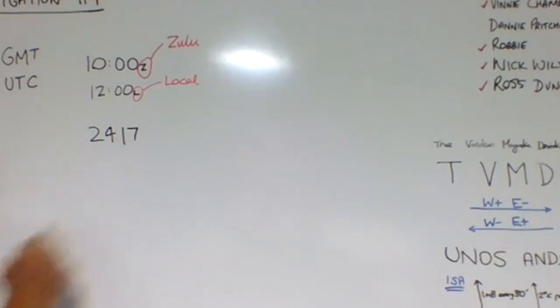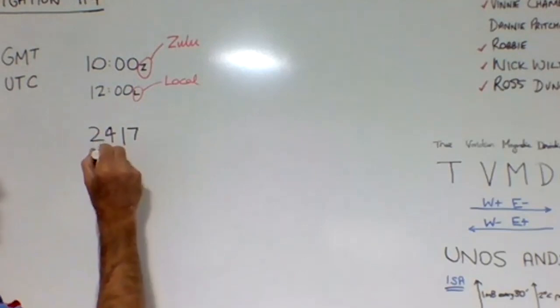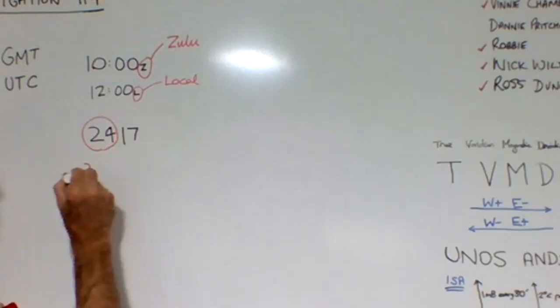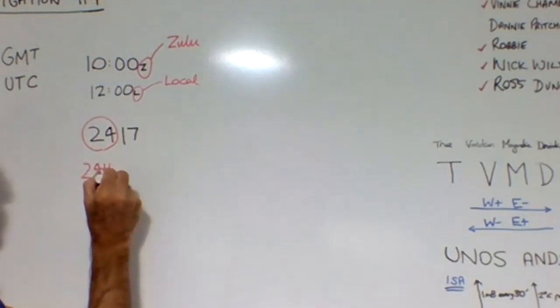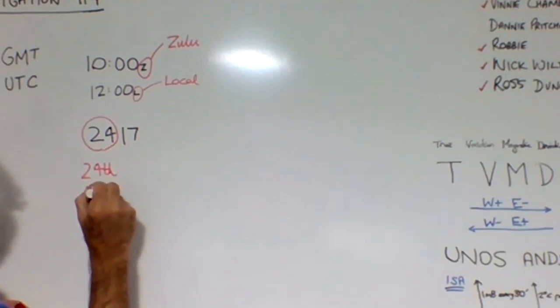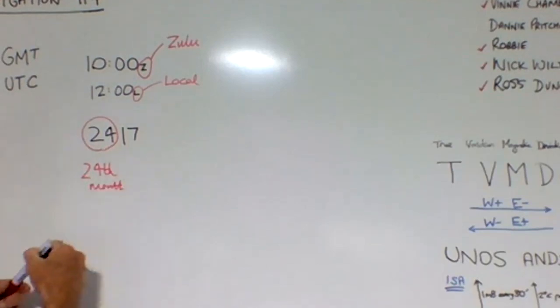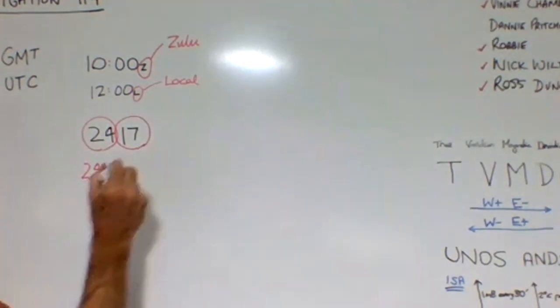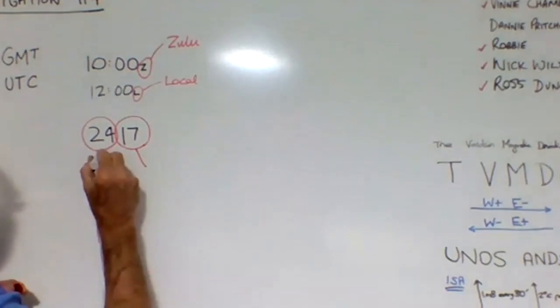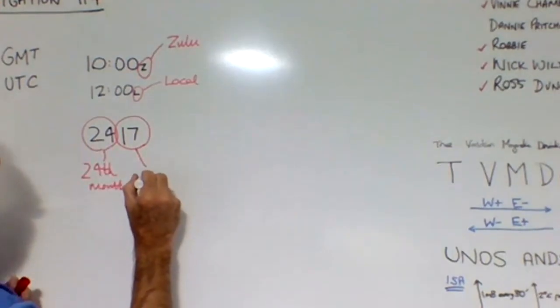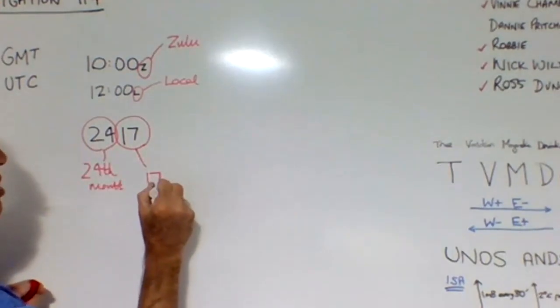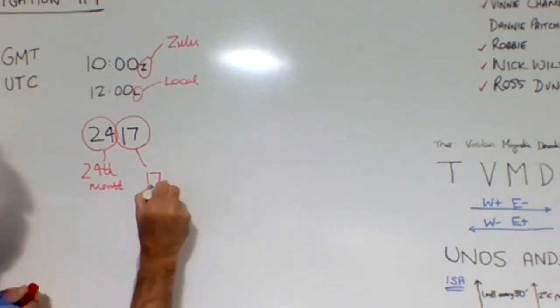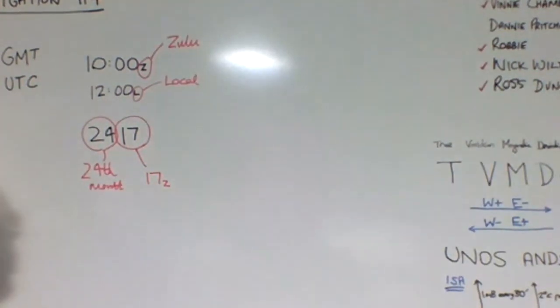We'll just see a group of 4 digits written like that, and that actually means the 24th of the month, and this bit means 1700 hours Zulu, in other words, time now.